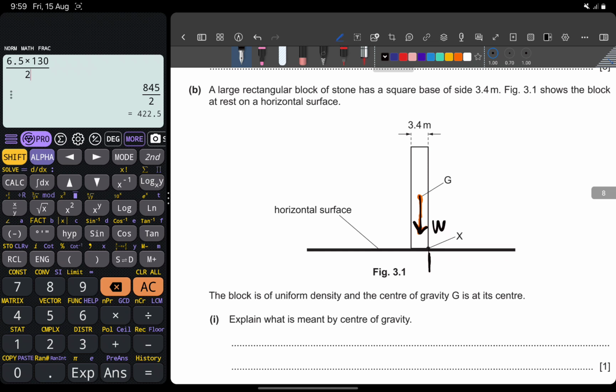So we take this horizontal distance here, checking its horizontal distance from the pivot. Do not forget that. When you're taking distance, make it perpendicular to your force.